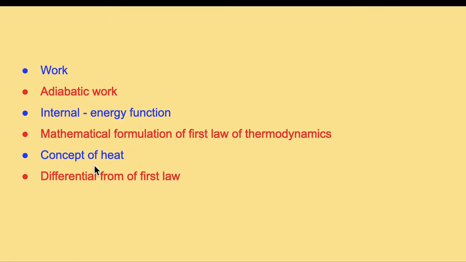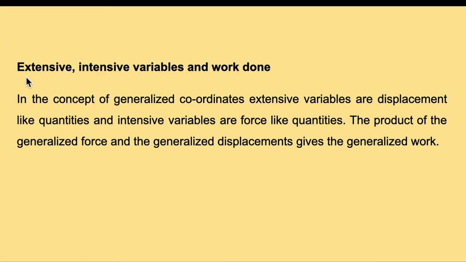And from there we have the concept of heat, and we have also discussed the differential form of the first law of thermodynamics. And now we already have the concept of extensive and intensive variables. We know that intensive variables are independent of size and mass, and extensive variables depend on size and mass.